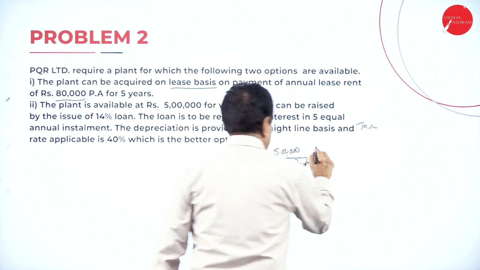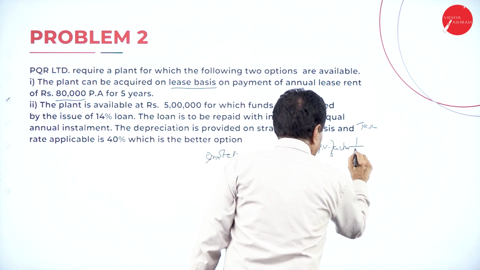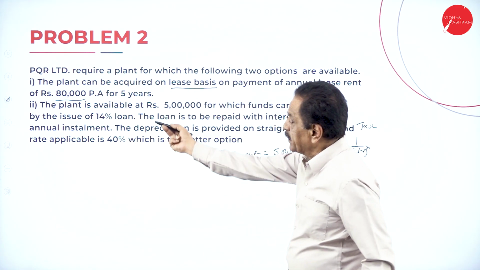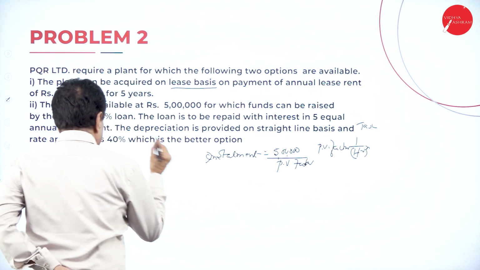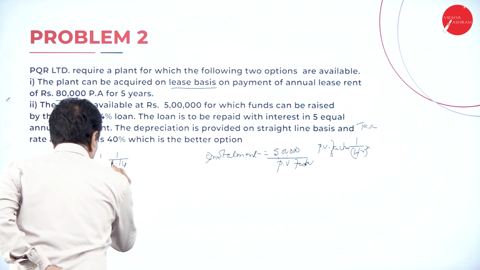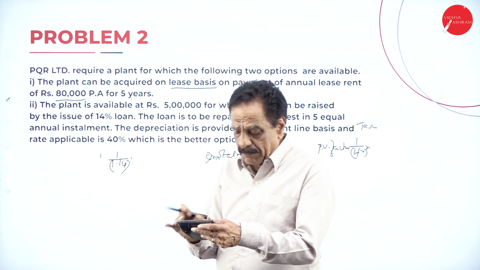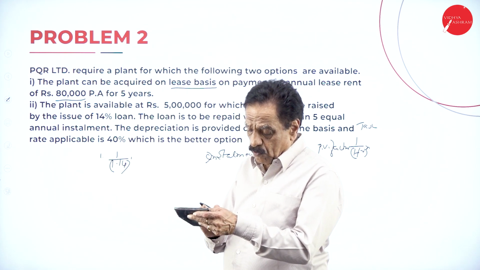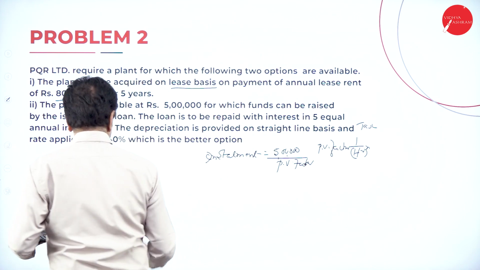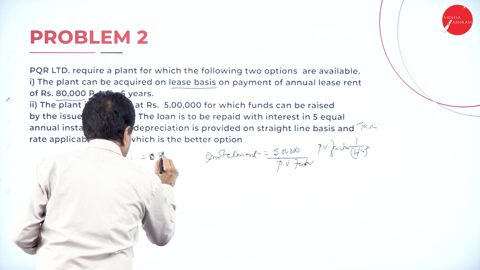So, PV factor is equal to 1 divided by 1 plus r to the power of n. What is the percentage? 14%. First year: 1 divided by 1.14 to the power of 1, that is 0.877.